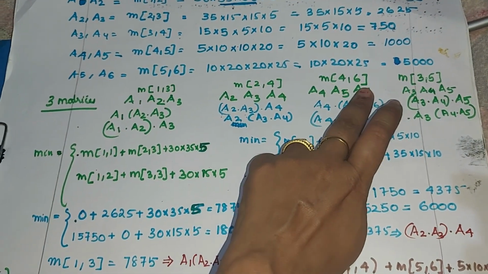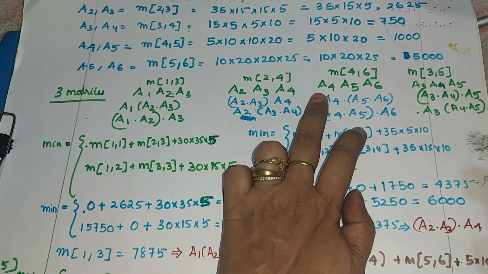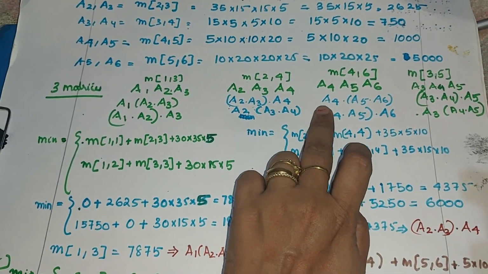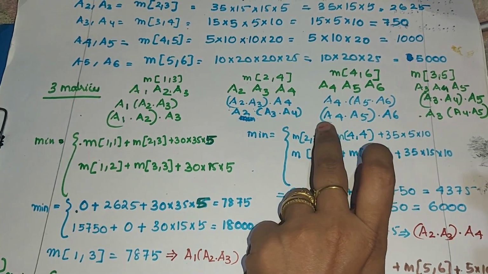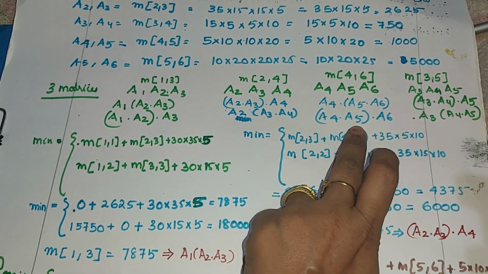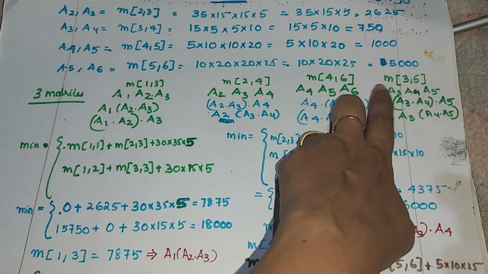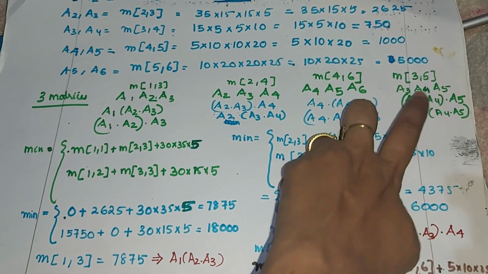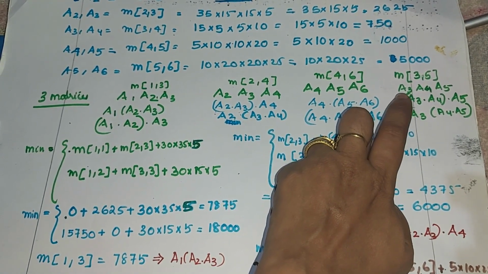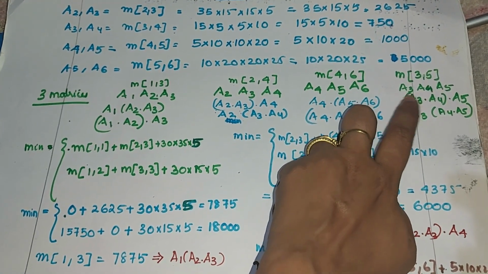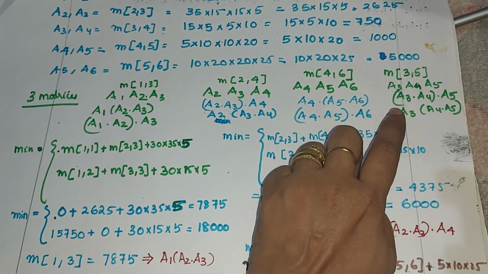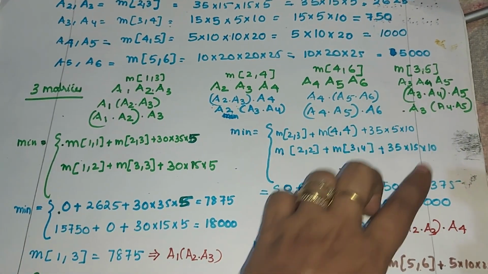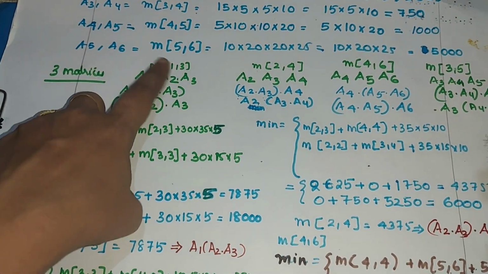Then M4,6, that is A4, A5, A6: A4 alone, A5 and A6 together, then A4 and A5 together into A6. Then M3,5, that is A3, A4, A5: A3 alone, A4 and A5 together, then A3 and A4 together into A5. So first we will do this combination.